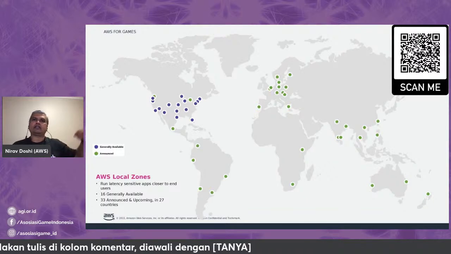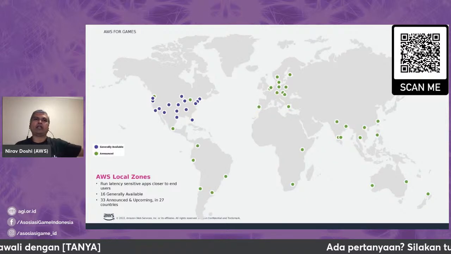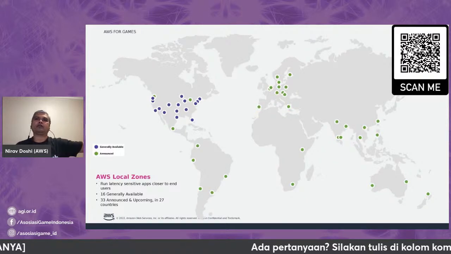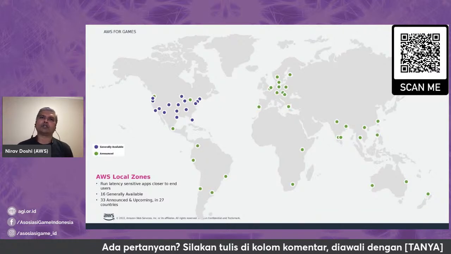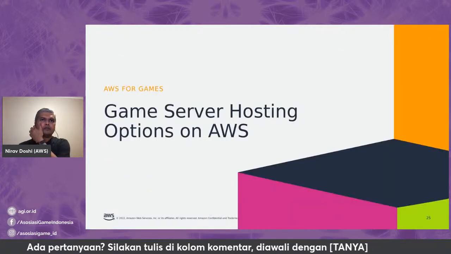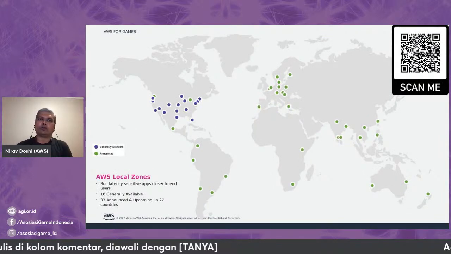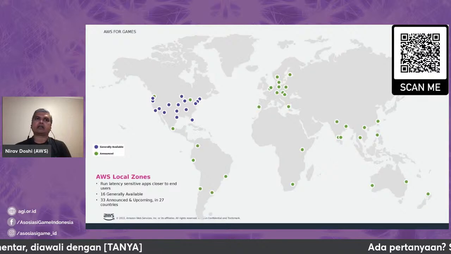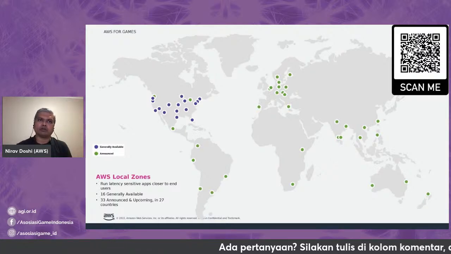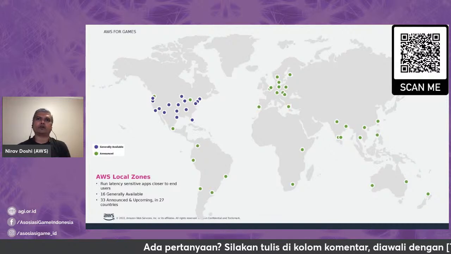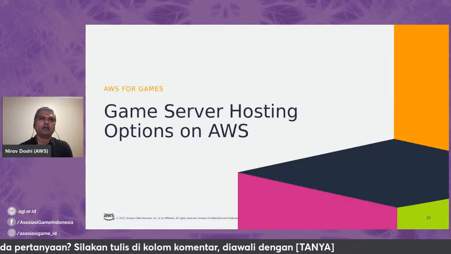Local zones create a mini data center closer to the player, and the player is then able to connect to that instead of having to connect to a server a long distance away. We have a lot of local zones already available, and we are hosting many other local zones as well. This is also a great way for us to scale for our customer needs.